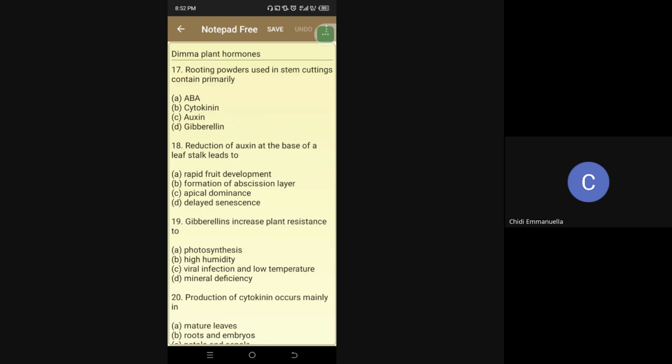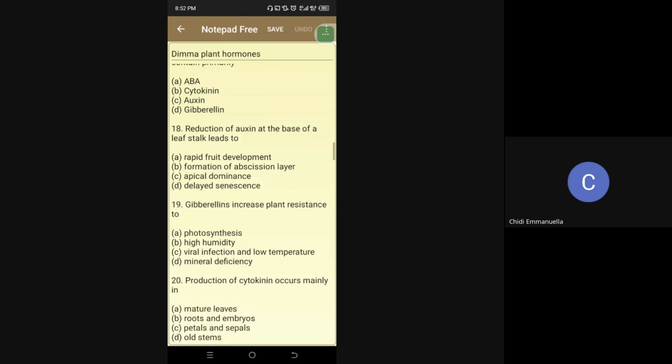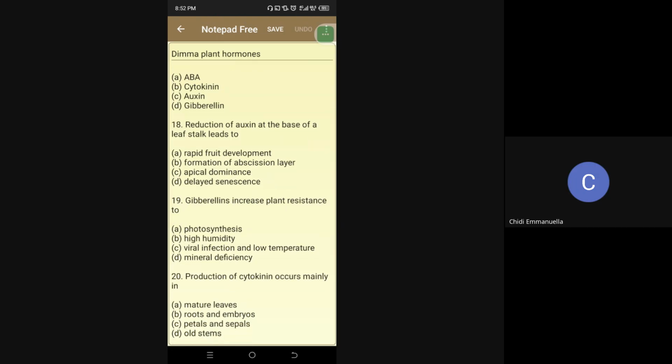Gibberellins increase plant resistance to, you may give the correct answer. 20. Production of cytokinin occurs mainly in the, you may give the answer. That's it. 20 questions.